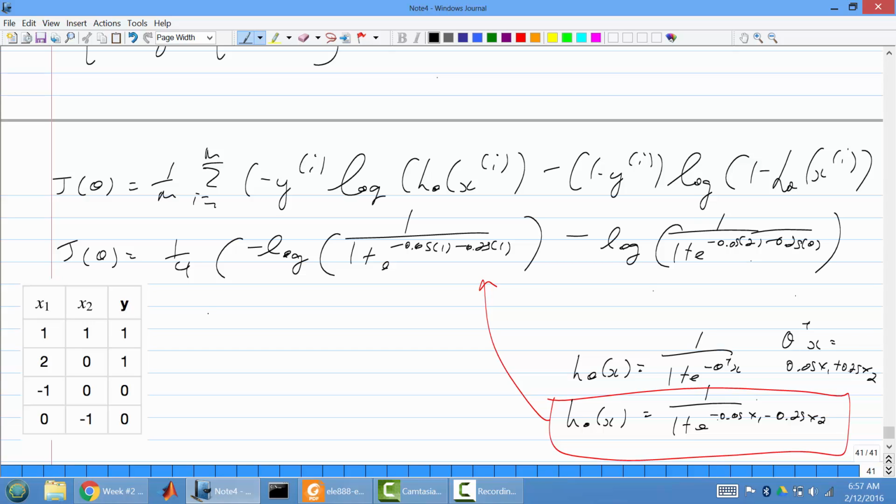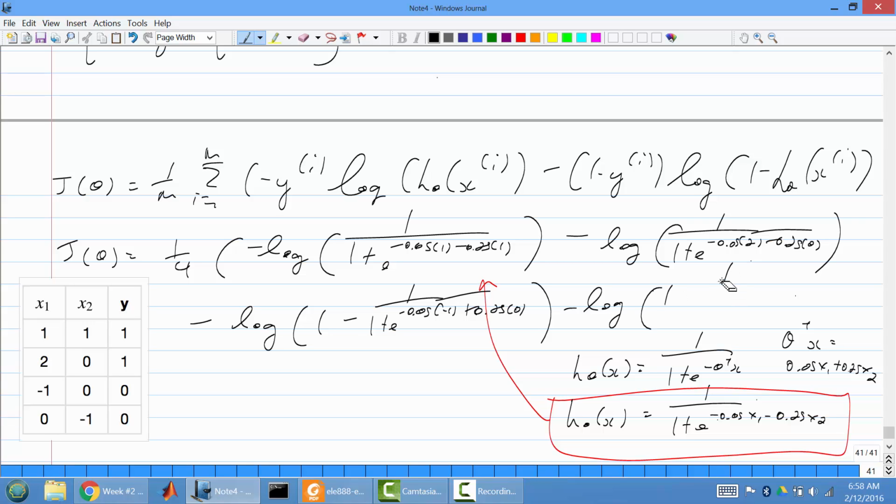And then minus, the second part of the sum activates because y is equal to 0 now, so you get log 1 minus, so minus 1 plus 0.25 times 0. Finally minus log 1 minus 0 and then minus 0.25 times 1.